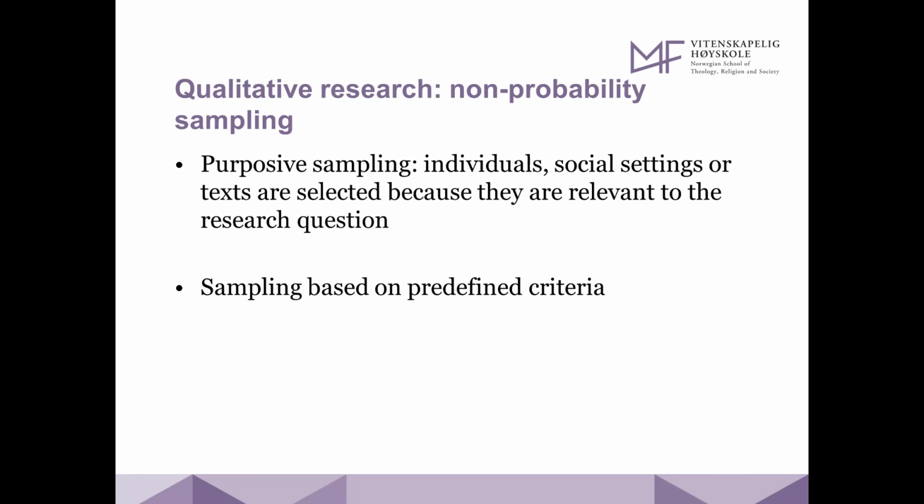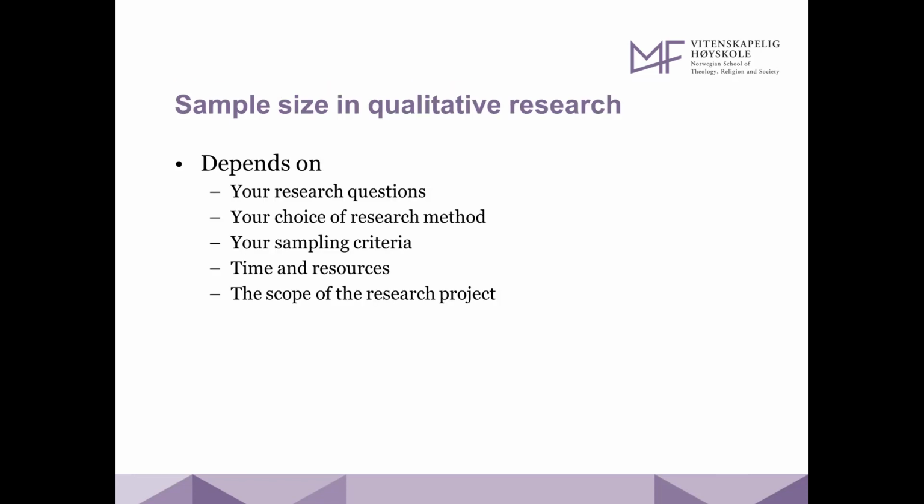If you're doing a study on master's students and you want to interview them about their experience of writing a thesis, of course, one important criterion is that the people you interview are actually master's students and not teachers or random strangers you meet on the street. So that could be one criterion, but you might also have other criteria depending on the focus of your research or your research question, which specifies that focus.